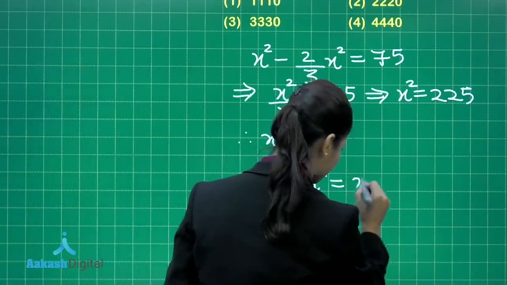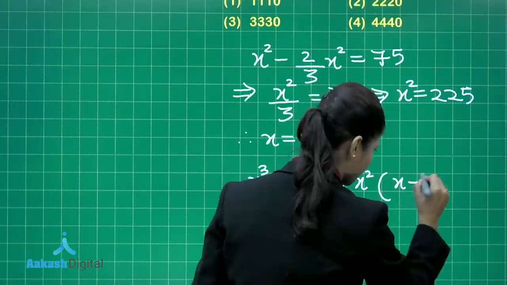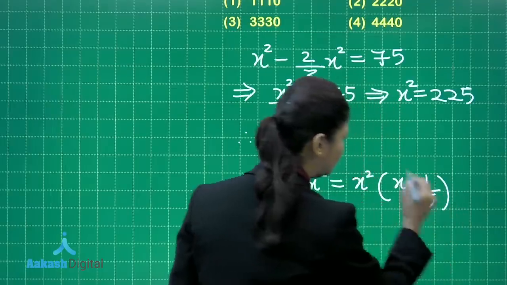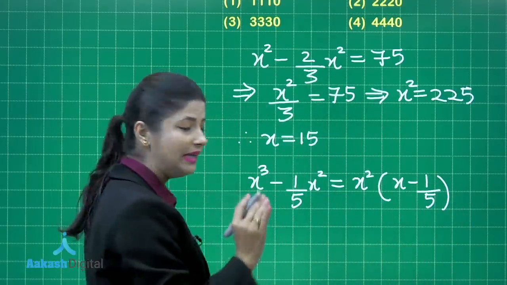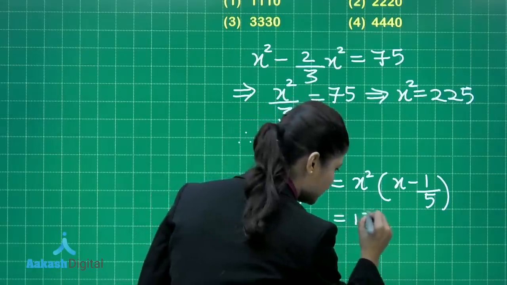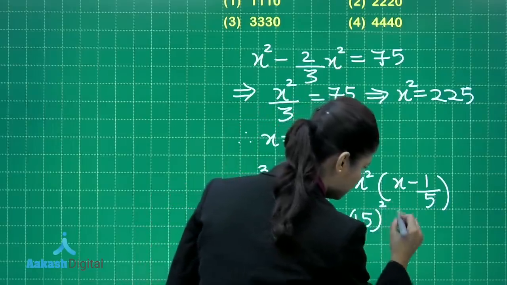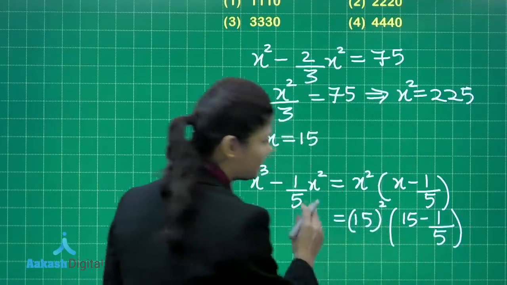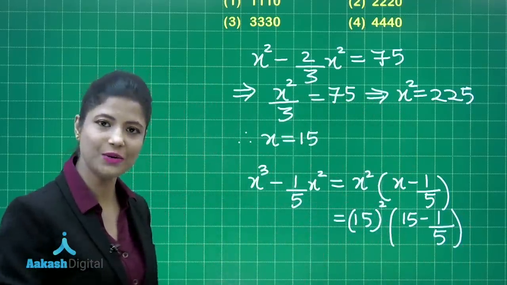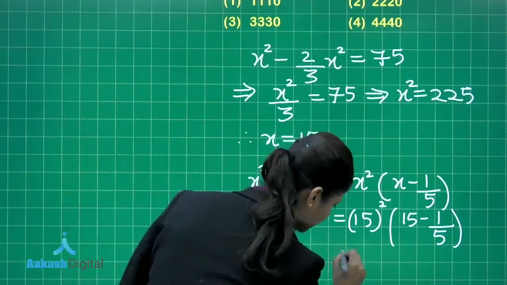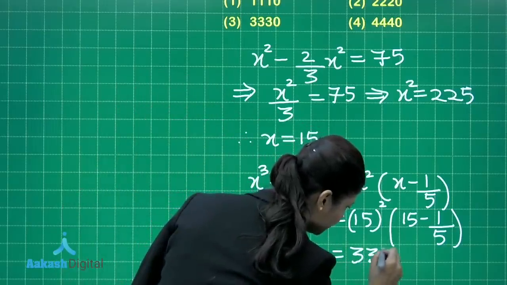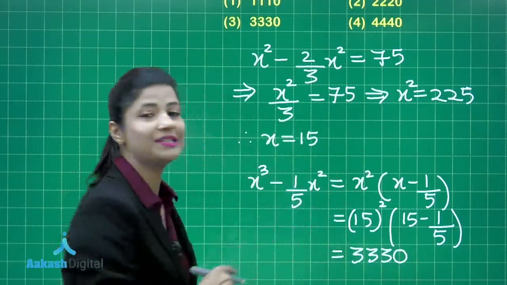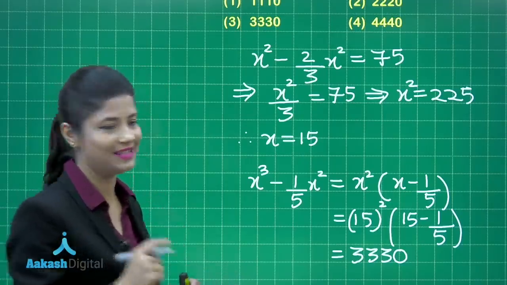So this gives me x square into x minus 1 upon 5. I already know the value of x, which is 15. On substituting this value, I get 15 square into 15 minus 1 upon 5. So this is a basic calculation. On solving this calculation, you will obtain the required number as 3330. So this is the required number being asked in this question.